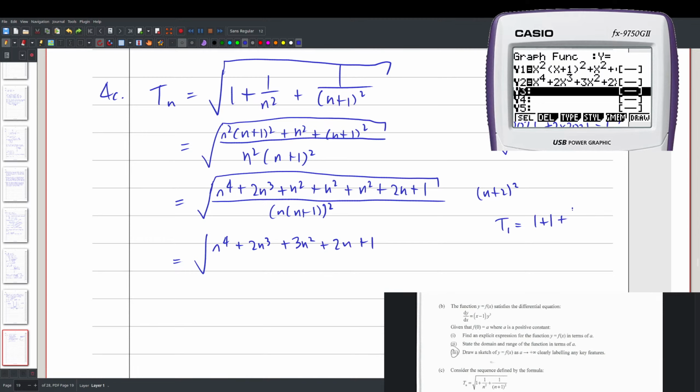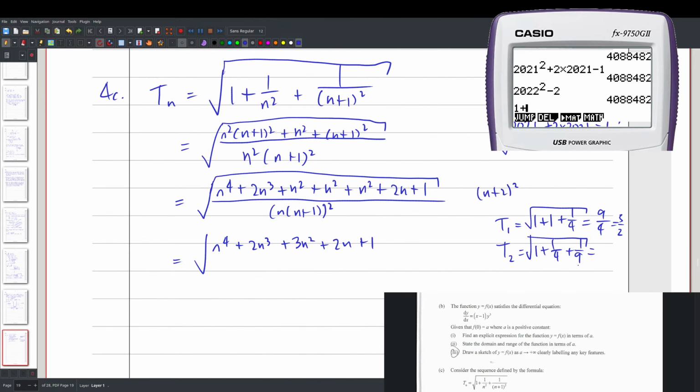No, 1 plus 1 on 4, which is equal to 9 on 4, which is equal to 3 on 2. T2 is 1 plus 1 plus 1 plus 1 on 4 plus 1 on 9, which is equal to 1 on 9, which is 49 on 36.